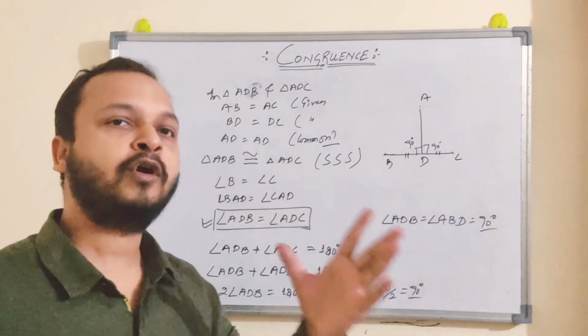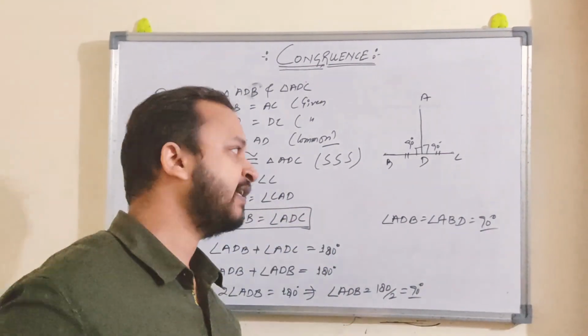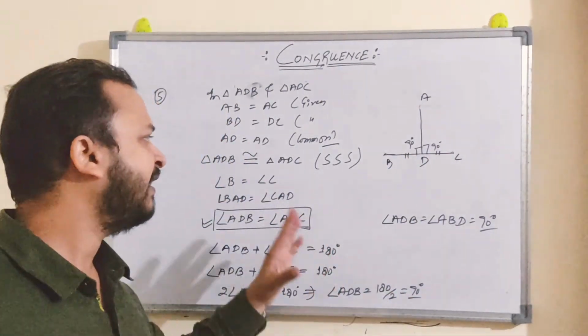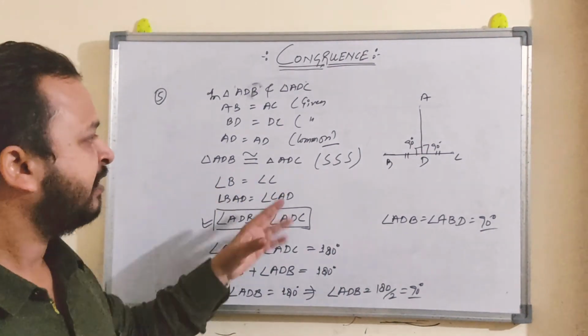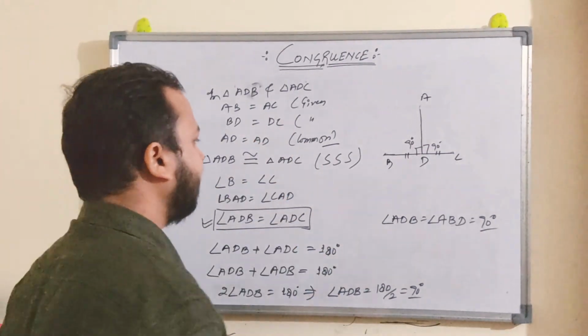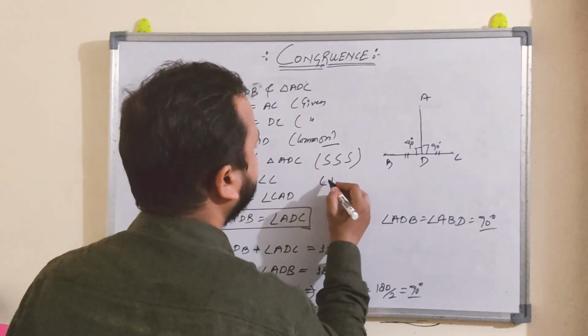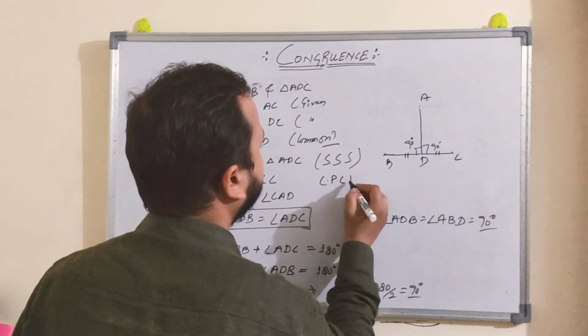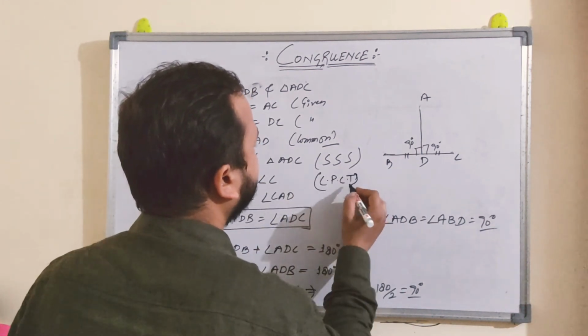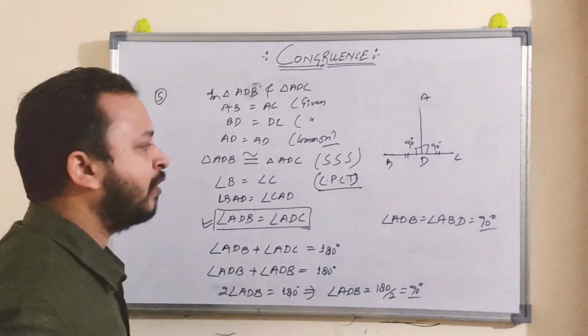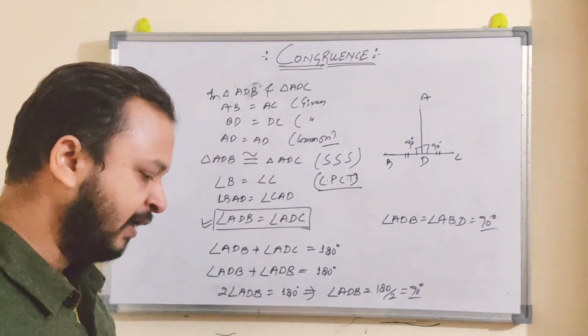So after proving the congruency, what the things they were asking, you can simply write it as all the things are equal by CPCT, corresponding parts of congruent triangles, right?